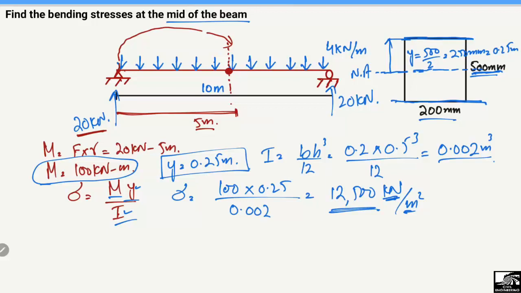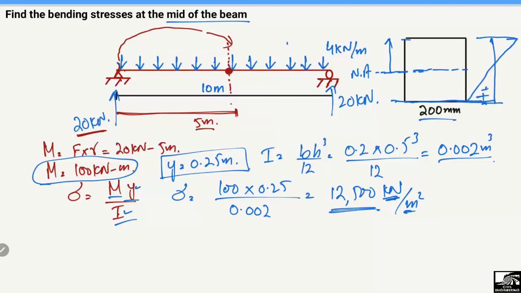Now if I draw the stress diagram, if this is my beam section, I will try to draw it here. At the top there will be compression stresses, and at the bottom there will be tension stresses.